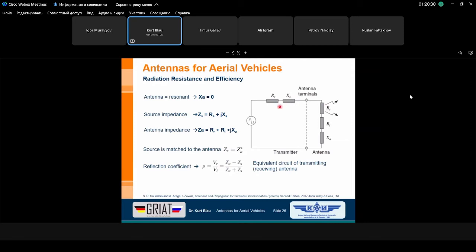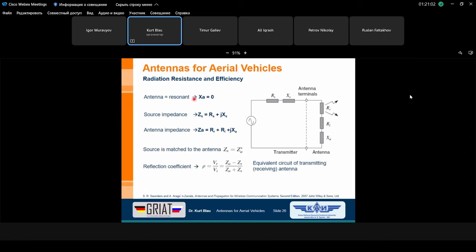In practice, we have only a generator with, for instance, a 50 ohm system, and it delivers the power to these antenna terminals. And to achieve a very good power matching, meaning that no power comes back from the antenna, it's not reflected, we have normally to insert special matching networks, which compensate, for instance, this value of X, the imaginary part of the antenna.